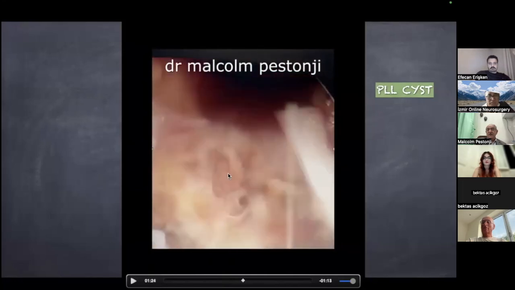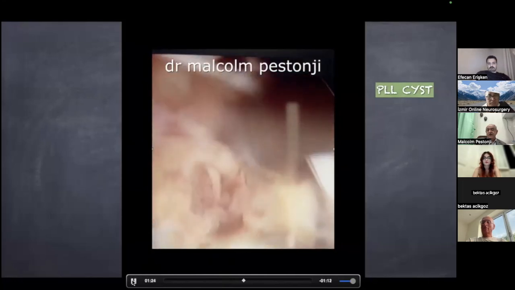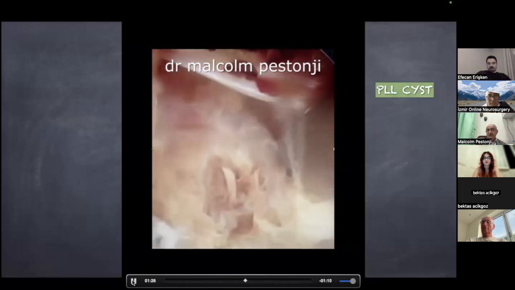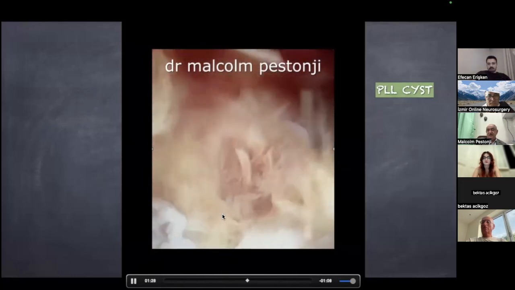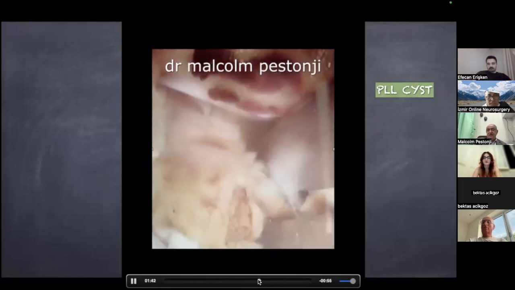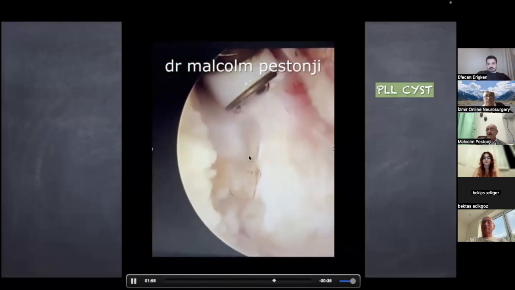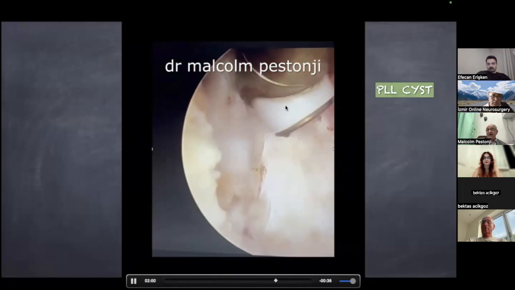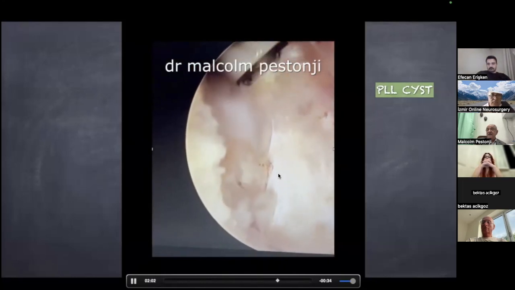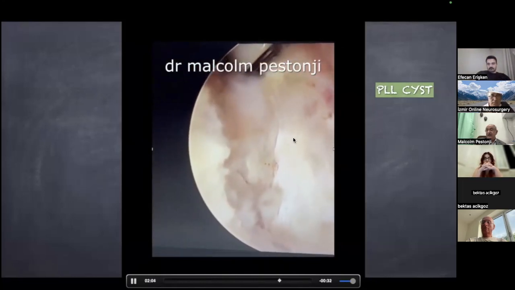See the whirls of tissue in it. Repeated bleeding within it. Bands within it. And finally, we managed to remove it completely. And you can see the rent in the annulus, and the rest of the PLL fibers covering the disc annulus.